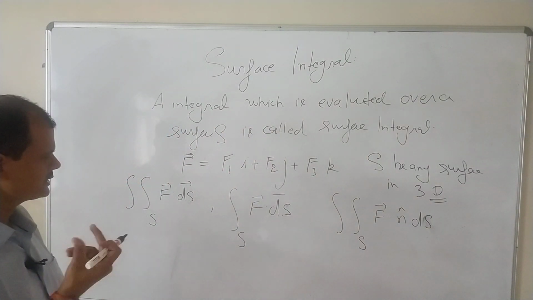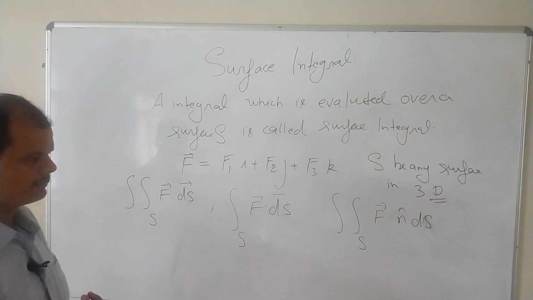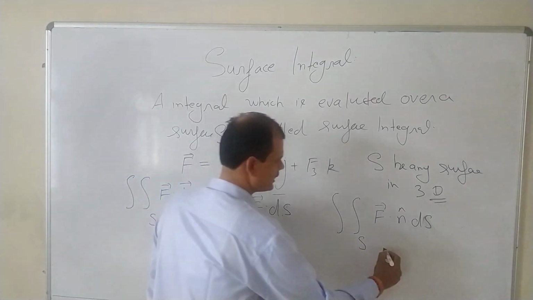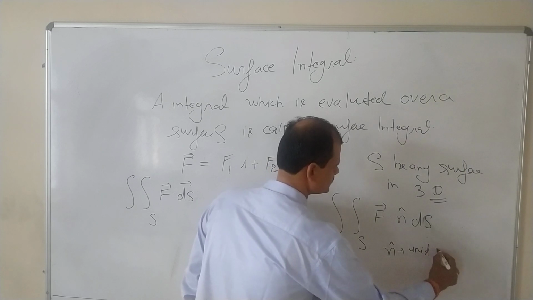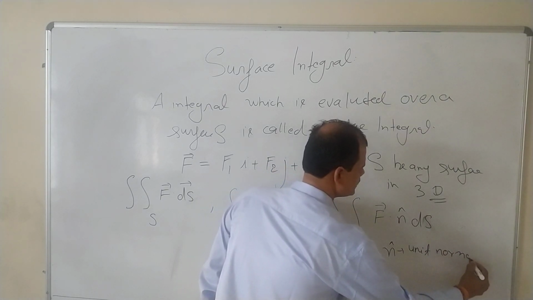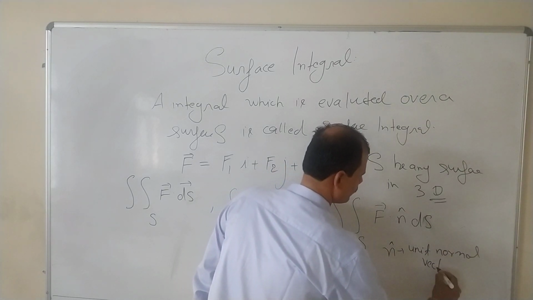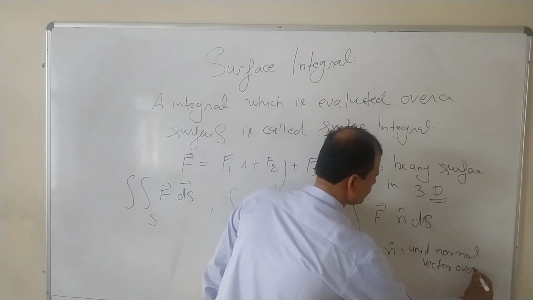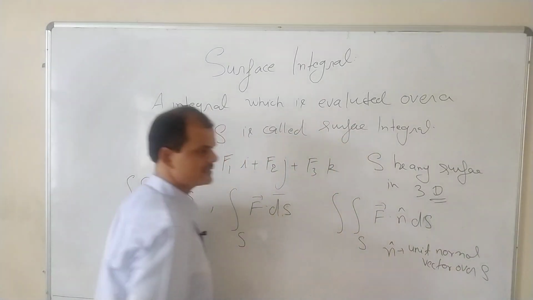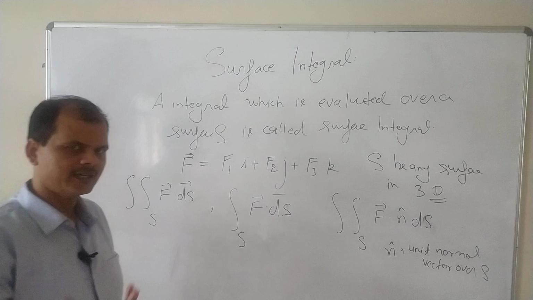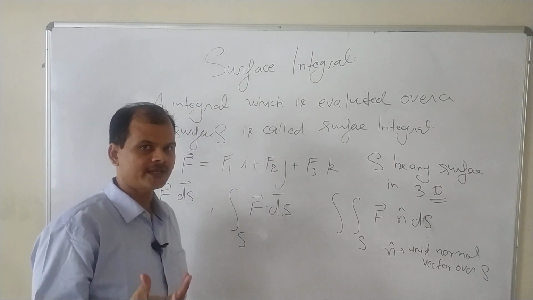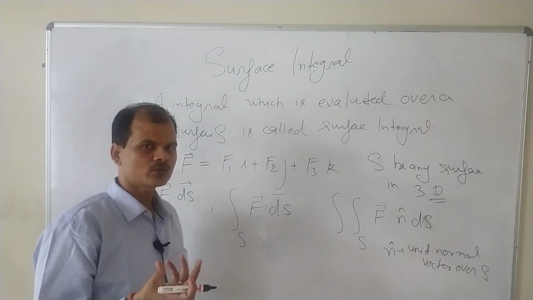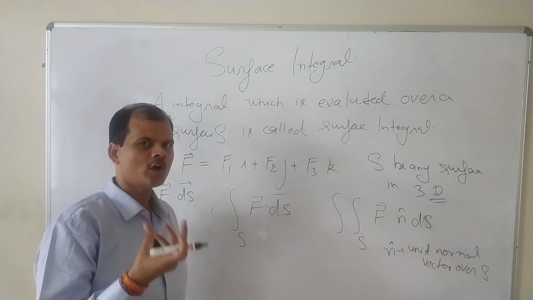Now you can ask what is this dS bar, and what is the n bar. n bar is the unit normal vector over S. S is the surface, and we can find that n bar. How do we find it? Gradient of phi. If phi is the surface, then the gradient of phi will be the normal vector.